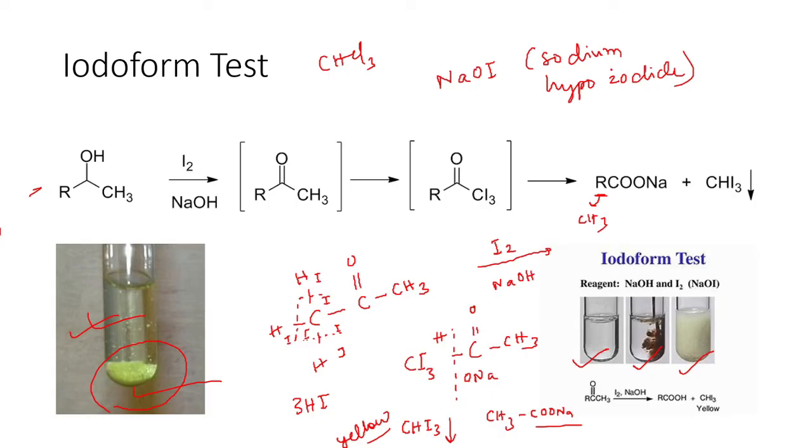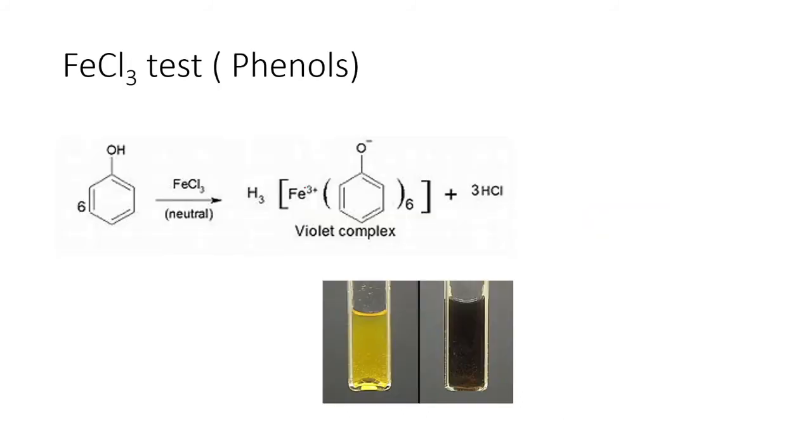Now let us move to our next test, that is the FeCl3 test. So what is the FeCl3 test? You get a positive result when you use phenol. This is the reaction.